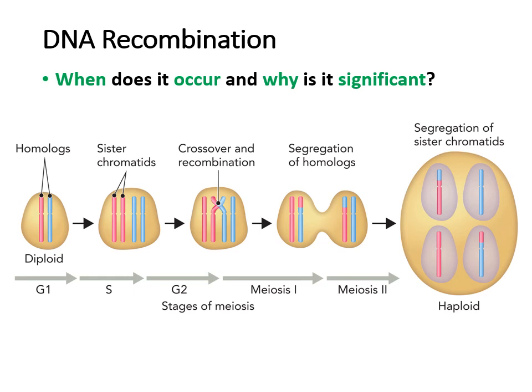And so you see, let me get the laser pointer, you see here that during meiosis, you can basically have crossover of segments of chromosomes that are homologous to each other. You get the exchange of those segments, the exchange of that DNA.